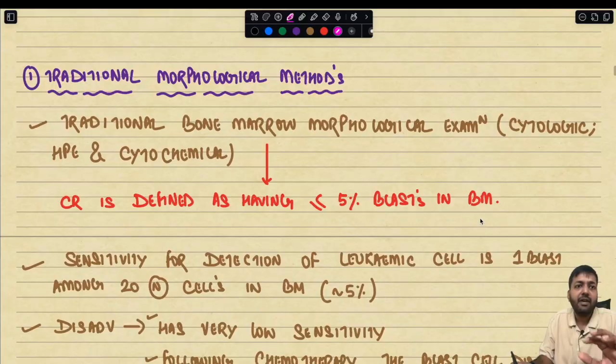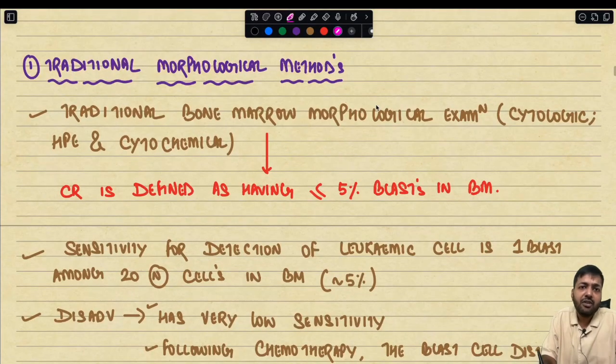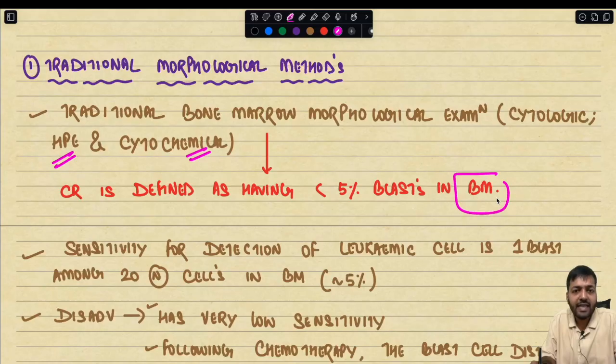So initially we have the traditional morphological method. This is the traditional bone marrow morphological examination, which is done by cytological evaluation, morphological HPE evaluation or cytochemical evaluation, wherein complete remission is defined as having less than 5% blast in the bone marrow by microscopy.